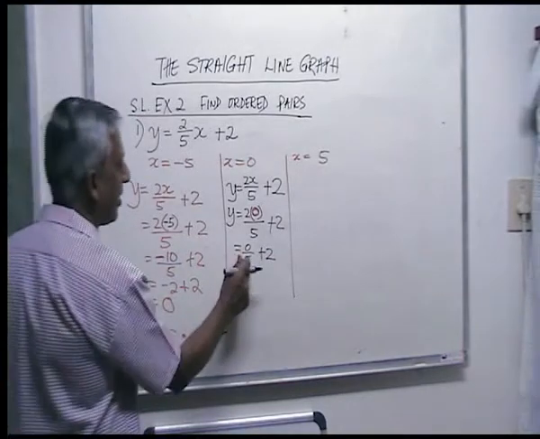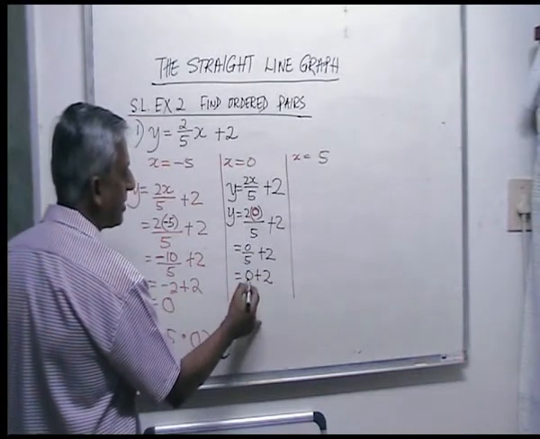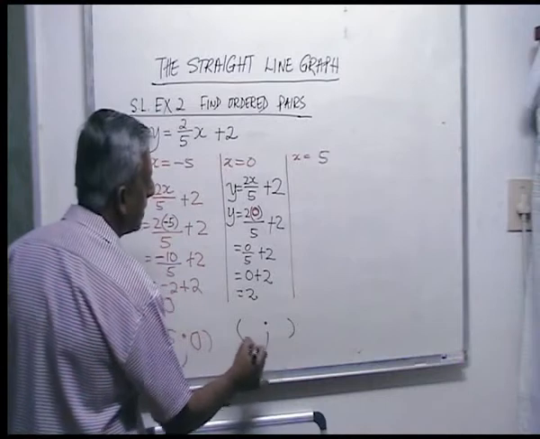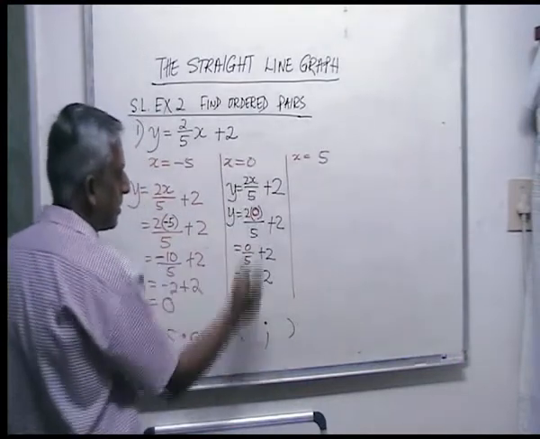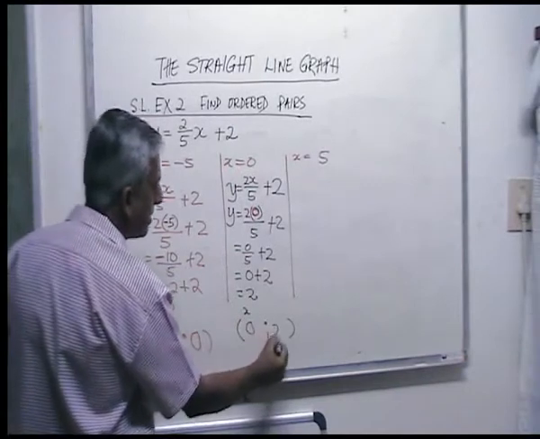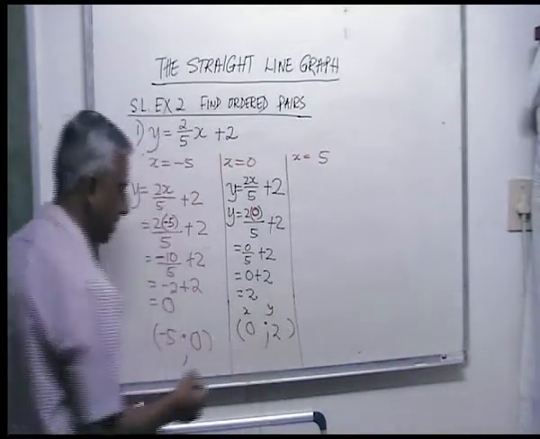Now 0 divided by any number is 0. And finally your answer is 0 plus 2, 2. So your ordered pair is x is 0, and y is 2. Right, so that finishes the second part.